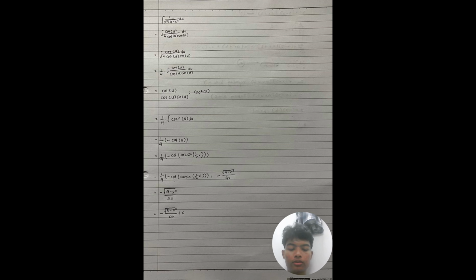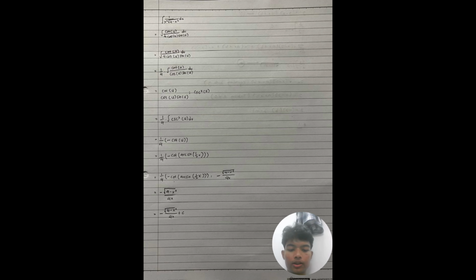Substitute back. Minus cot u minus u equals minus square root of 4 minus x squared over x minus arcsin of x over 2.